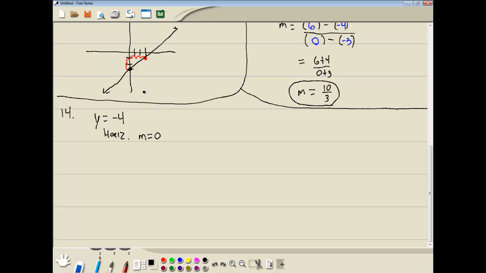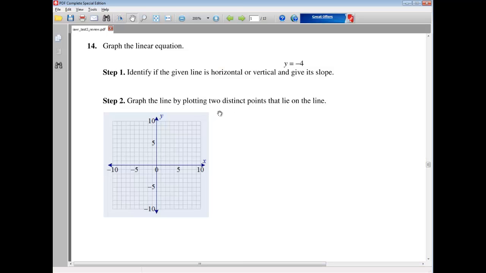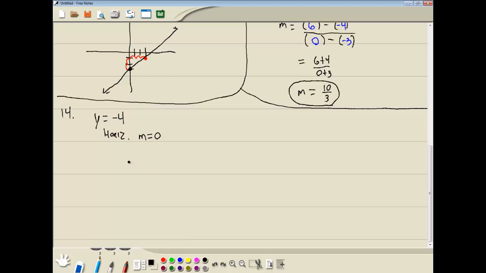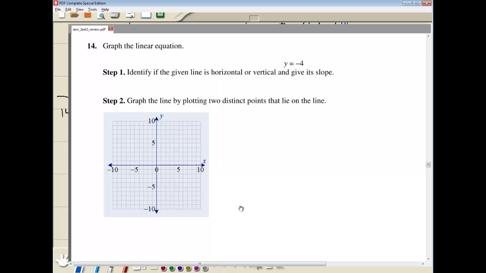If you have a vertical line, vertical's up and down, then your slope is undefined. It says graph the line by plotting two distinct points that lie on the line. If you want to do that, that's fine. But since we know it's a horizontal line at -4, let's just do that. And if I want to put 2 points on there, I can put them anywhere. But that would be our graph.